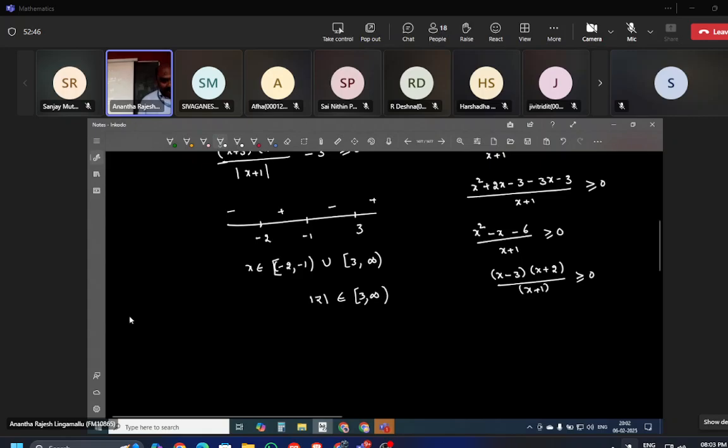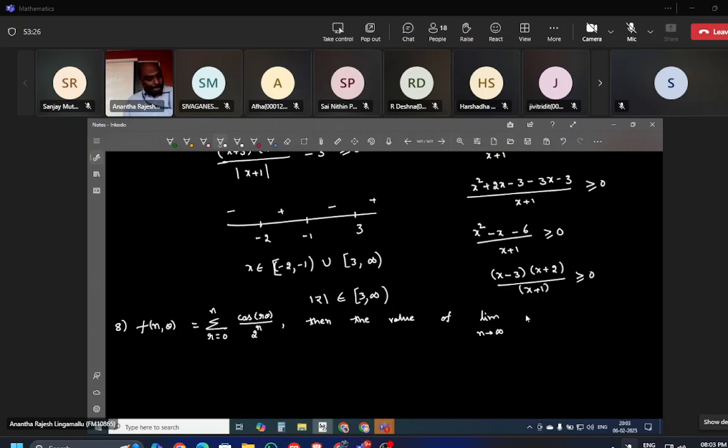Eighth problem, I'm writing here. If f of n comma theta is equal to sigma r equal to 0 to n of cos of r theta divided by 2 power r, then the value of limit n tends to infinity f of n comma pi by 3 is equal to how much?